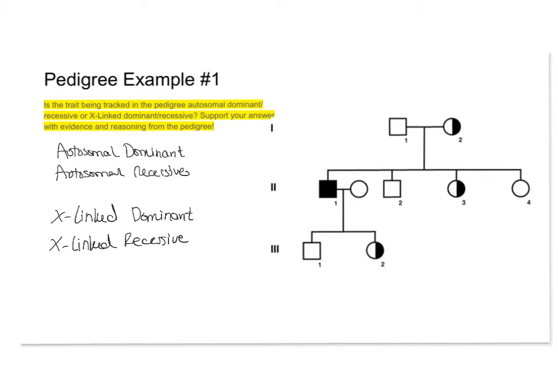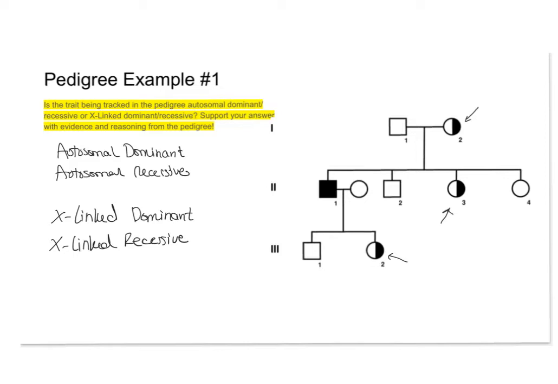Okay, so now that we have those options written down, what I'm going to do is go through why either the option does work or doesn't work according to what we see in the pedigree. And actually there is one hint on this pedigree that you can use to eliminate two of the options here. And that is, if you take a look, it looks like this pedigree has marked carriers, in other words, individuals who carry an allele for the trait but don't actually express the trait as their phenotype.